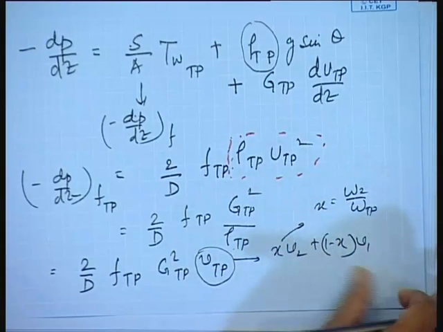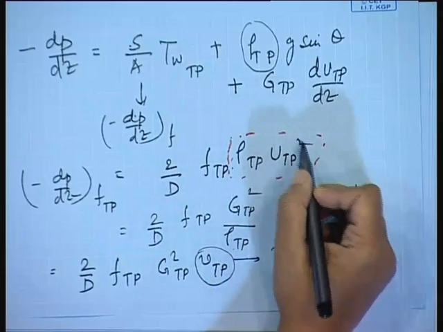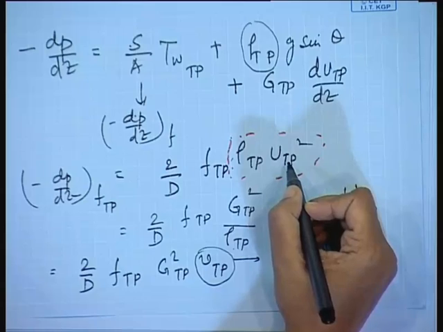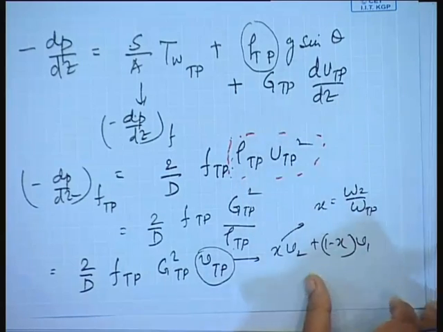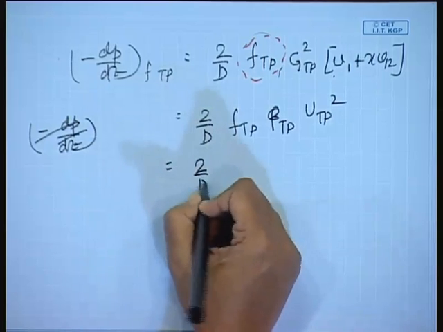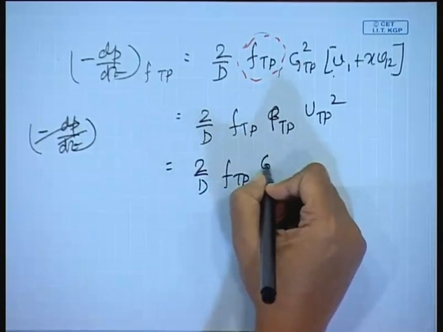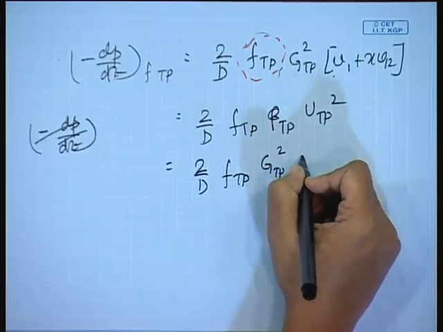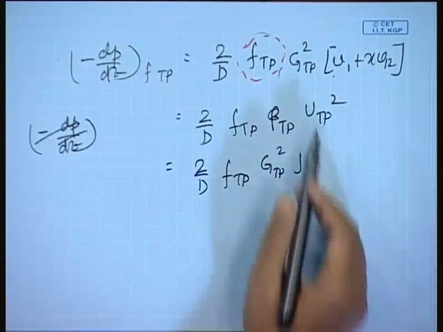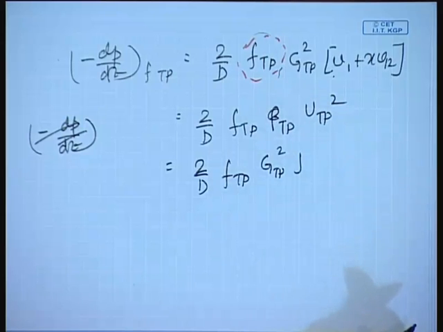Instead of that, we can also write this term as rho TP into UTP equal to G, so we can write it down as G square into j, right, UTP equals j, I have already said. Whatever way you wish, you can write it down.